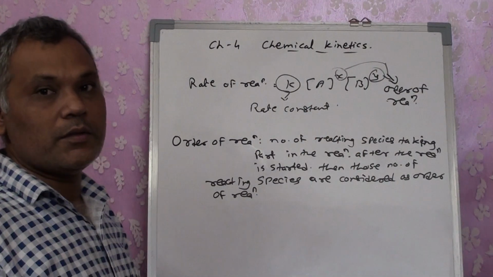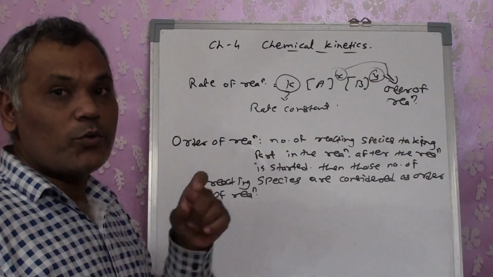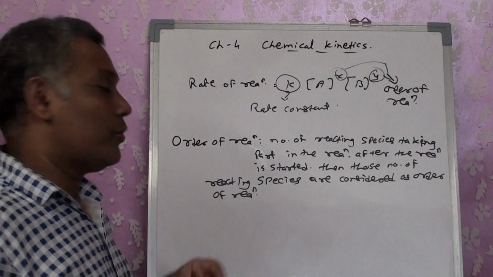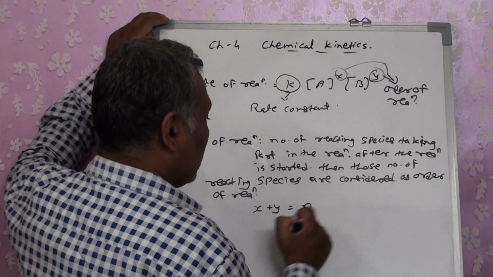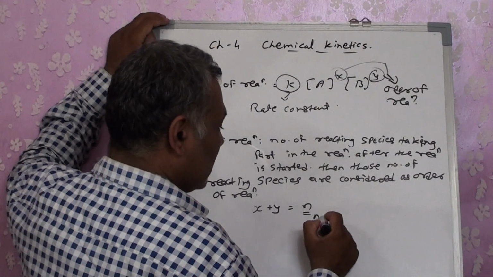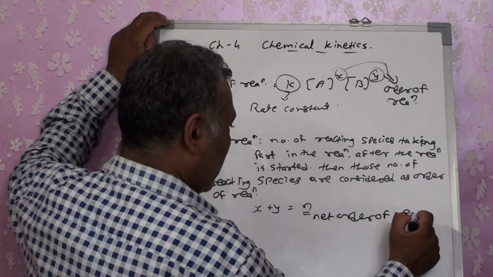reactant. Then this X or Y is with respect to that reactant. So if I take X plus Y, that means M, this is known as the net order of reaction.